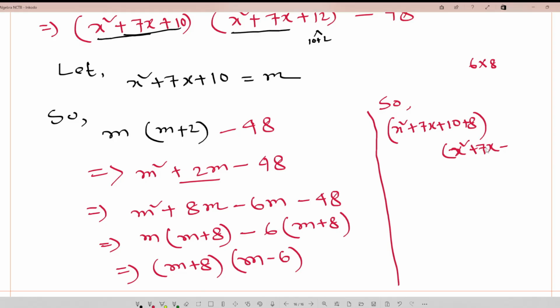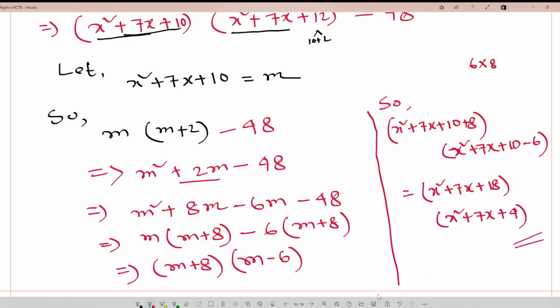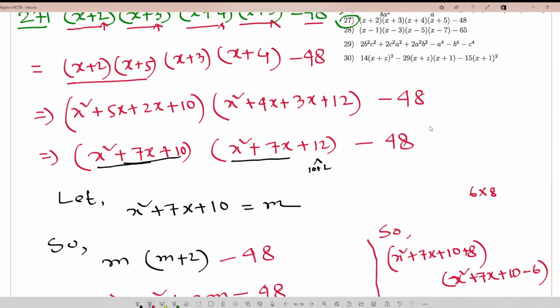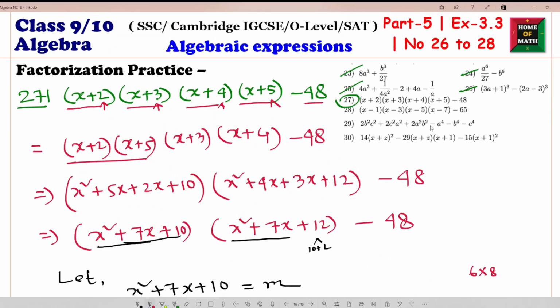So plus 10 and minus 6. So we can write x square plus 7x plus 18, and x square plus 7x plus 4, and this is our answer. So be careful about plus and minus, because sometimes a silly mistake gives us a big problem.